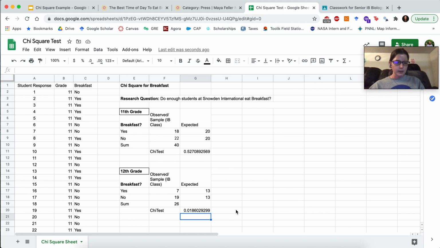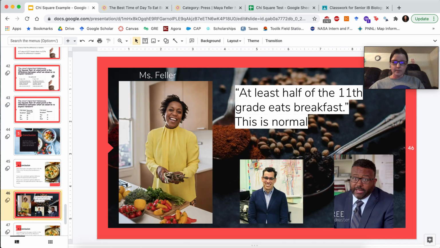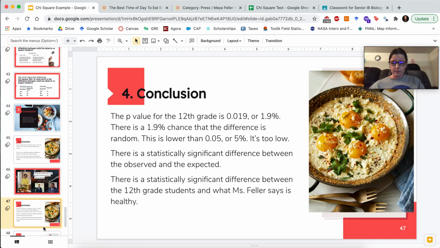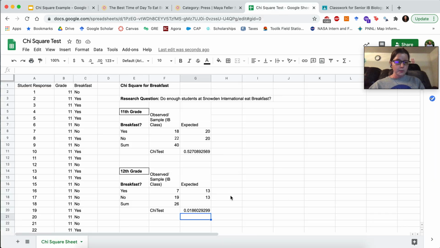Take a second to think about that. That's our p-value. What does it mean? The p-value for the 12th grade is 0.019, or 1.9%. There is a 1.9% chance that the difference is random. There's a 1.9% chance that the difference between these two groups is random.